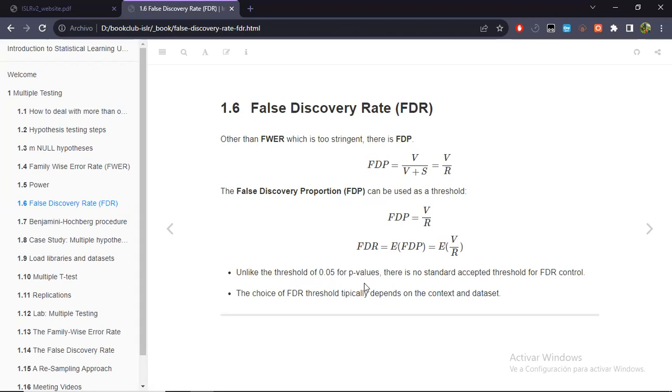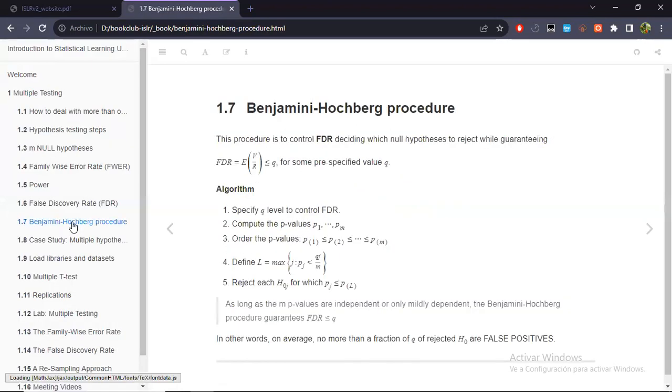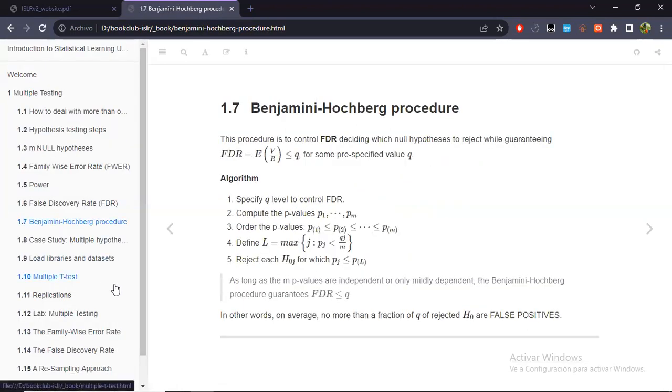However, there is not a standard accepted threshold for controlling this false discovery proportion. Sorry, this false discovery rate. Then how can we really choose a threshold? Well, that's going to depend on the context, and they mentioned that it will also depend on the dataset. So I guess that's where the expertise comes in handy when one is working in data science.